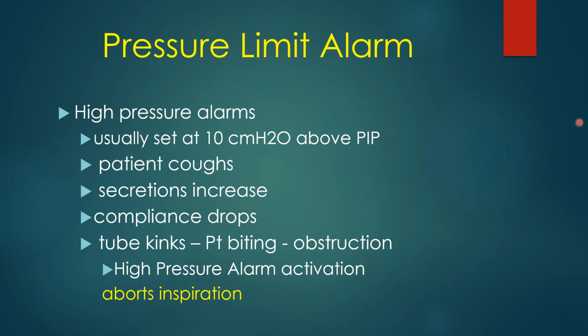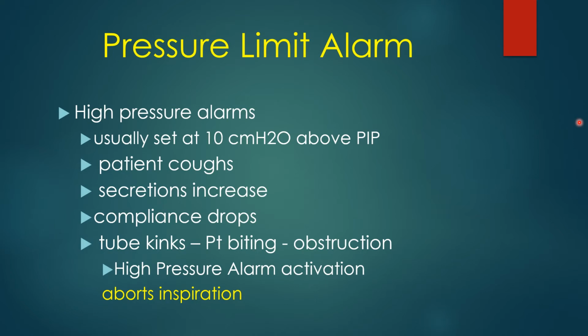That's a term that's used when you get a buildup of this biofilm or inspissated secretions inside the ET tube. And he could have coughed and got a big plug that is obstructing the ET tube. So those are all kinds of things that could cause the high pressure alarm to be going off.